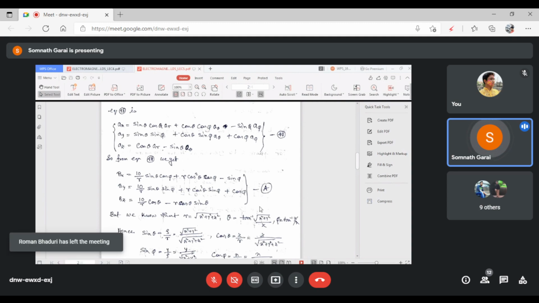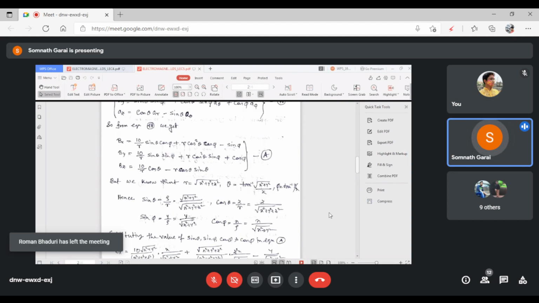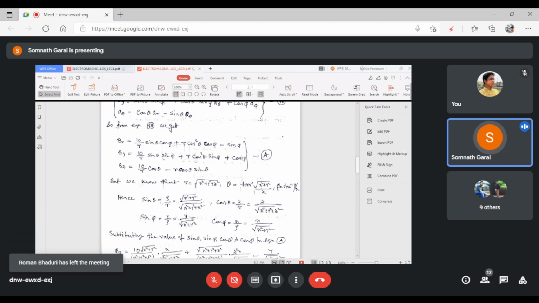Now we apply our formula. We know that r is equal to root over x square plus y square plus z square, as I proved earlier. Theta is equal to tan inverse root under x square plus y square by z, and phi is equal to tan inverse y by x.